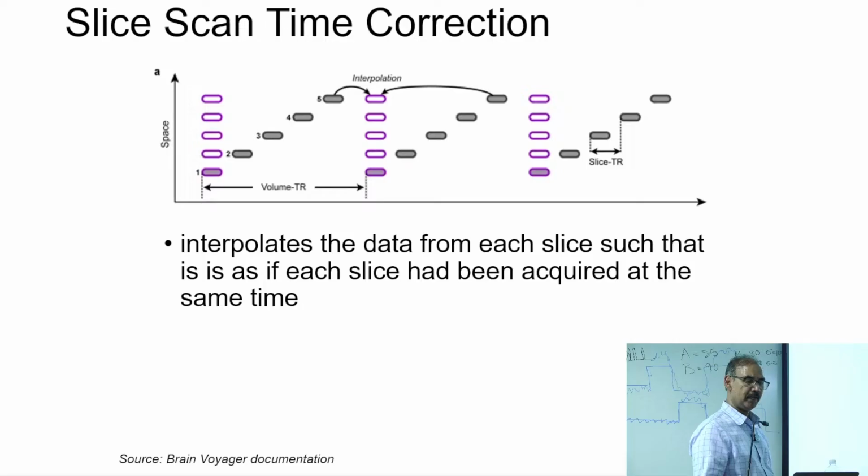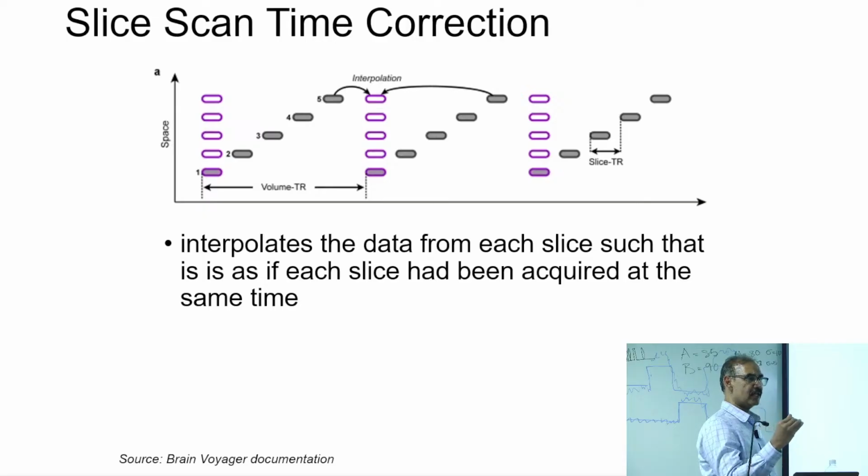So the way it does is that for slice scan time correction, this interpolates the data from each slice such that it is as if each slice has been acquired at the same time, right? So what it does is that it takes the first slice as the reference.